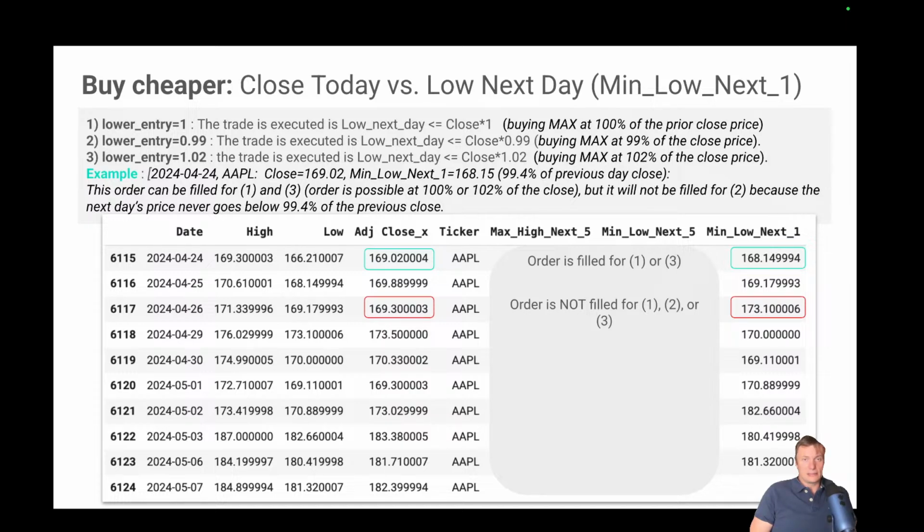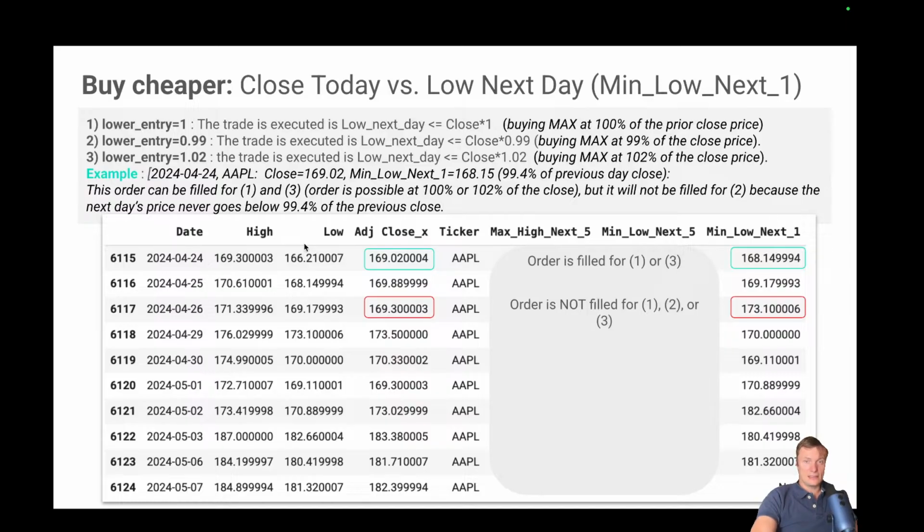But the thing is that some of your trades won't be filled at all, because if a stock is growing fast, maybe the next day the lowest point is higher than the closing price for the day before. And lower entry can be higher as well, it can be 1.02, where you say that I am ready to buy that prediction on the next day, but the maximum price that I'm ready to pay is 102% of the close price.